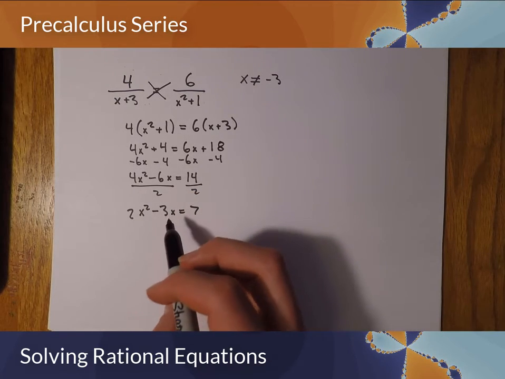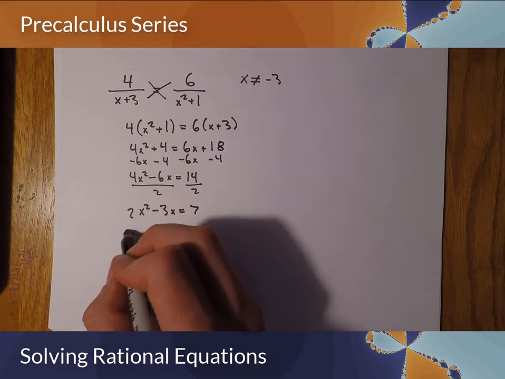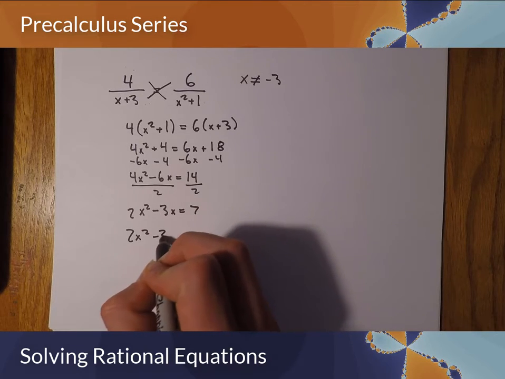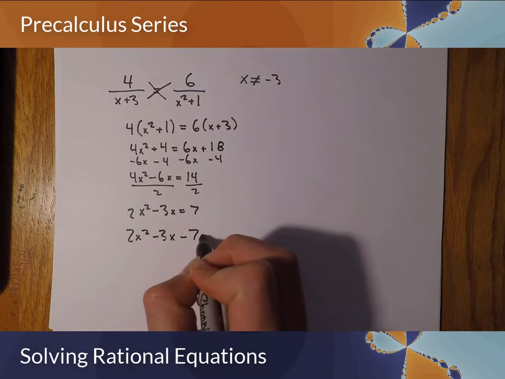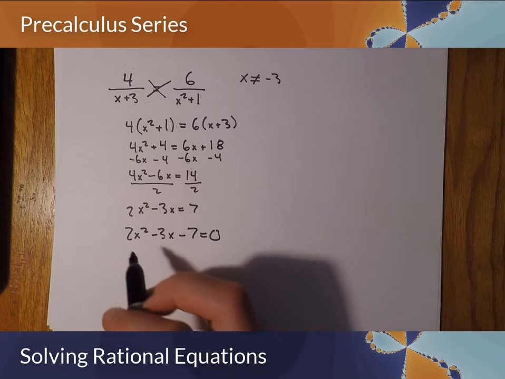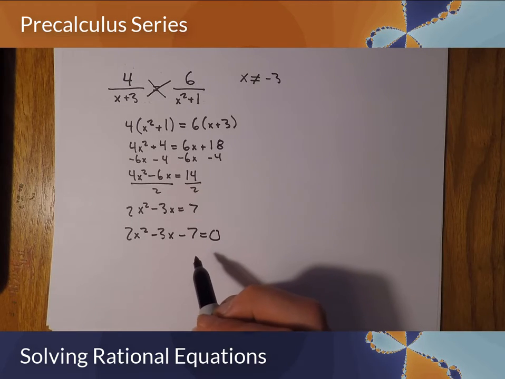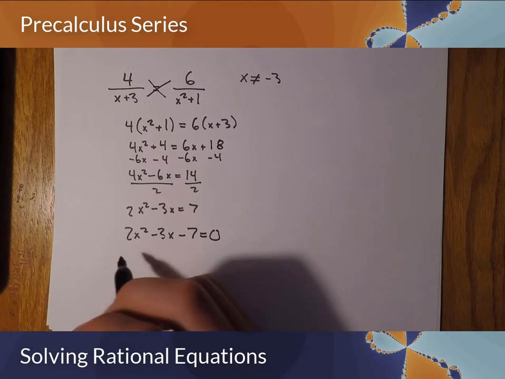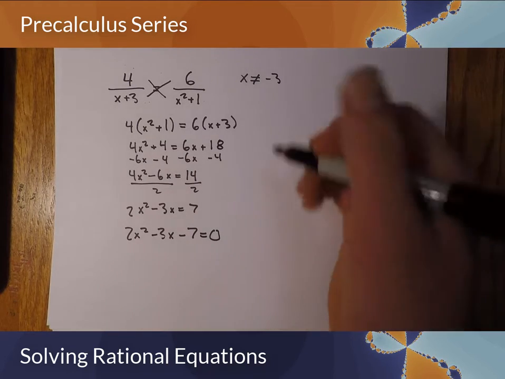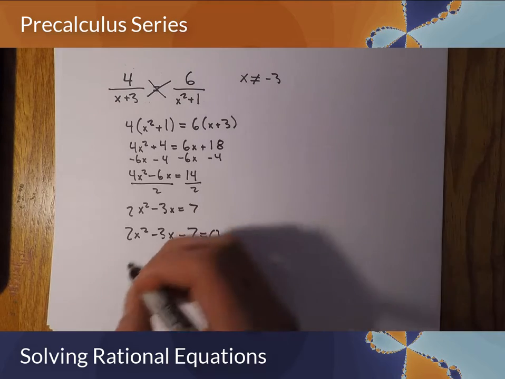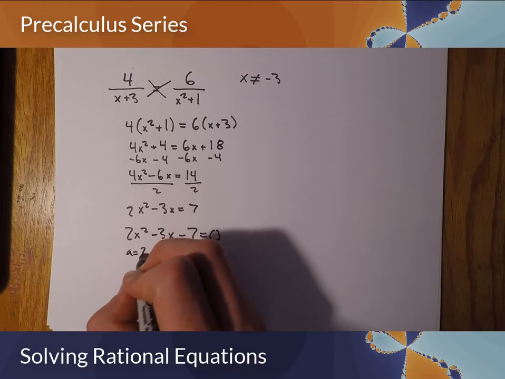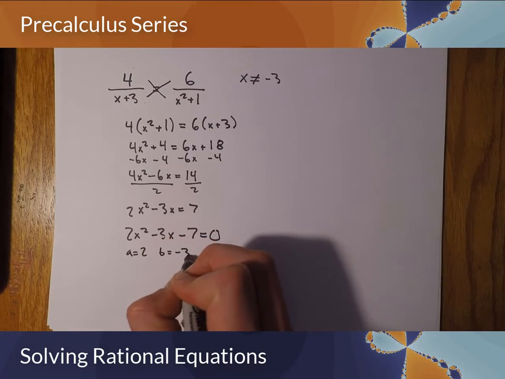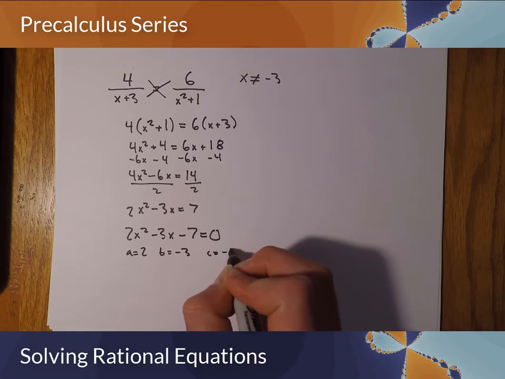And so now what we can do is use the quadratic formula. So we just bring 7 over to this side too. And voila, now we have a quadratic equation, excuse me, that we can use the quadratic formula to solve. So now, a is 2, b is negative 3, and c is negative 7.